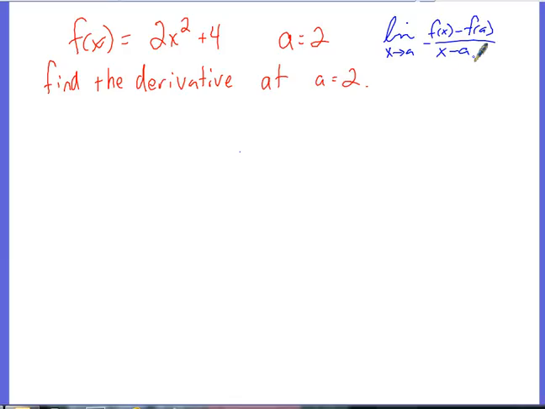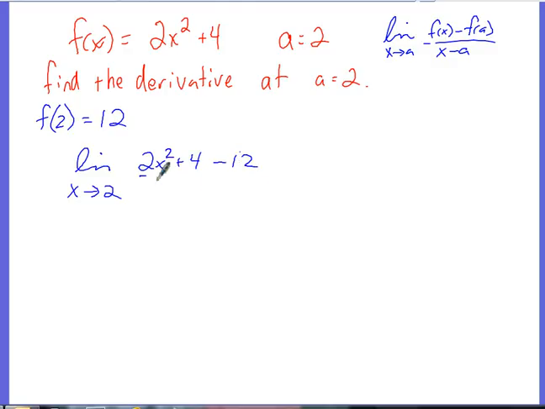What do I need first? F of a. In this case, f of 2. What is f of 2? You should have gotten 12. Right? So then what I have is the limit as x approaches 2 of f of x, which is 2x squared plus 4, minus 12 over x minus 2.